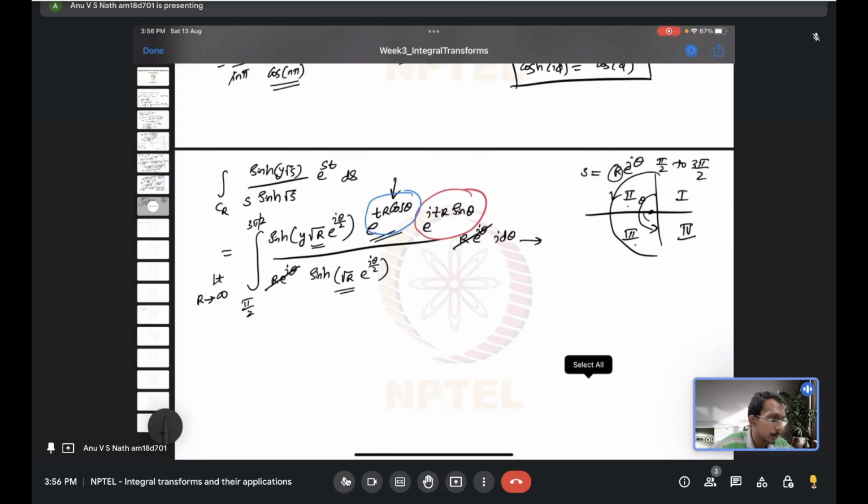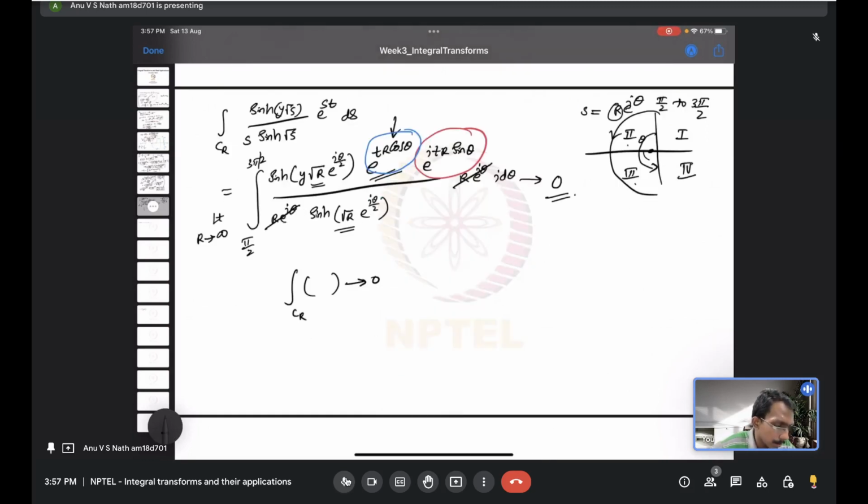Our integral is over only those two quadrants, so it is going to vanish in the limit, and you can show that the integral over CR of that particular function goes to 0.